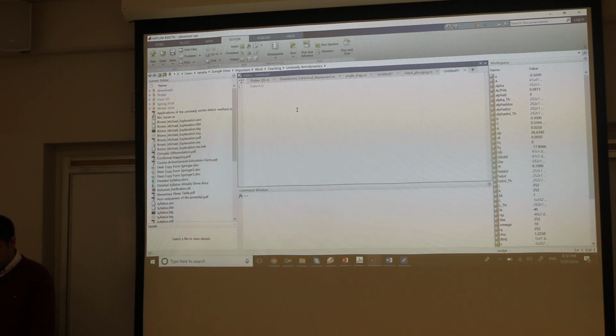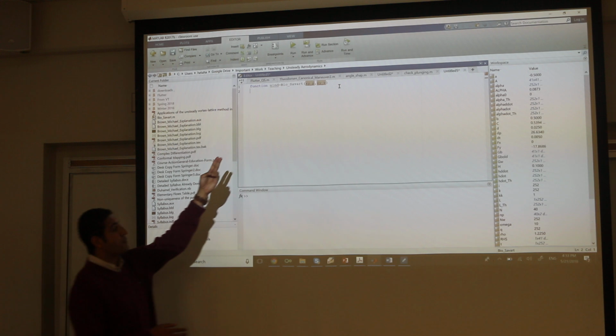So we have a function, right? U induced is equal to BiotSavart. And you can look at your notes if you like. So what does BiotSavart take? It takes xy point, right? xy vortex.